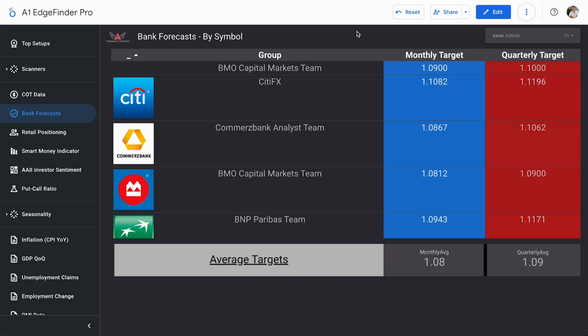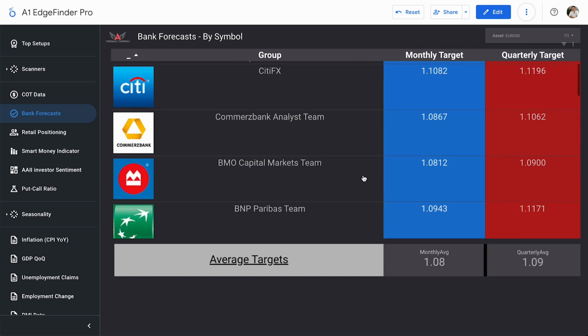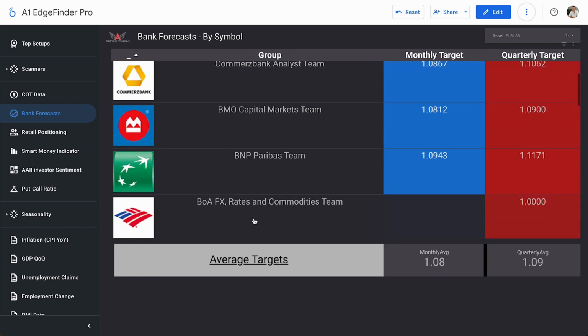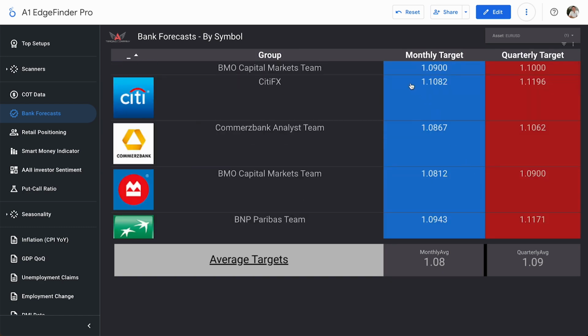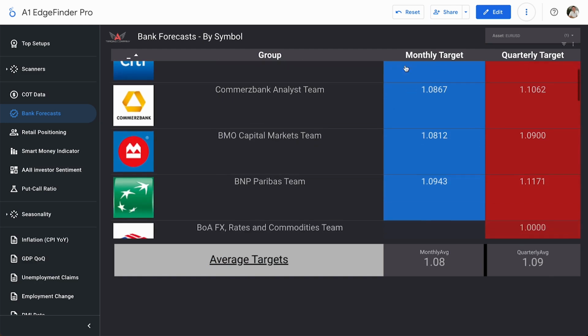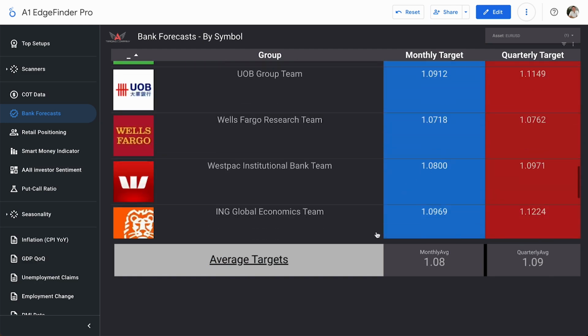And what we're doing is our algorithm is taking all of that information from all of these different banks' reports. We're looking at their monthly target, we're looking at their quarterly target, and then for all of these different banks here in the blue, we are averaging the monthly target together. I mean, you can take a look and see at each individual bank where they think price is heading.